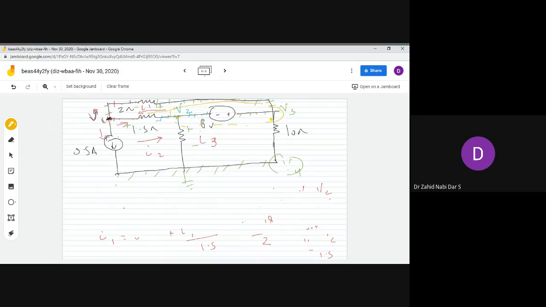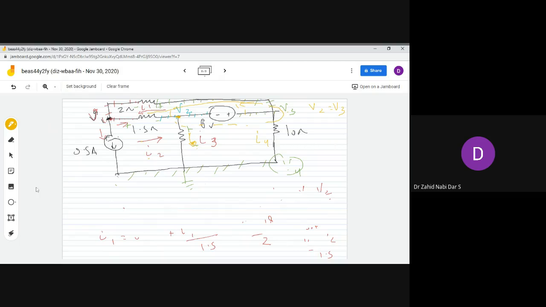This point is V2 till here. That means I2 is entering V2. What is leaving V2? I3 is leaving V2. Whatever else would be leaving V3, that also is V2 only. So I3 is leaving V2, I4 is leaving V3. So basically, V2 is equal to V3. So I2 is entering, and I3, I4 and I1 are leaving.